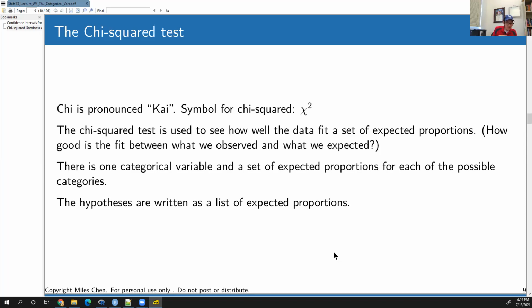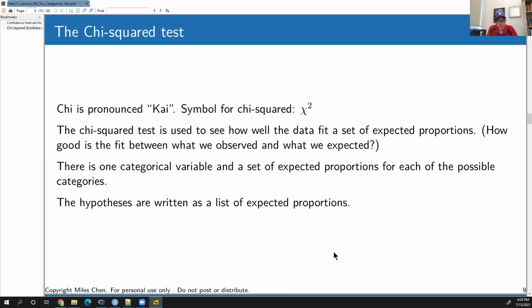Chi, C-H-I, is pronounced chi, because it's from the Greek alphabet, and it looks like an X, but it's pronounced chi. If this were something East Asian, you would pronounce it differently, like the idea of energies and stuff like that. But coming from the Greek alphabet, it's chi.